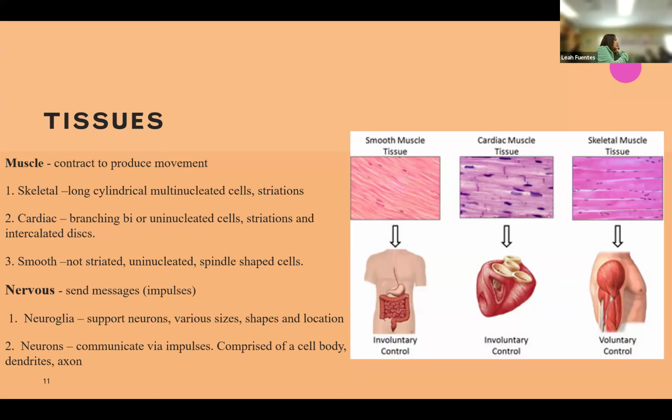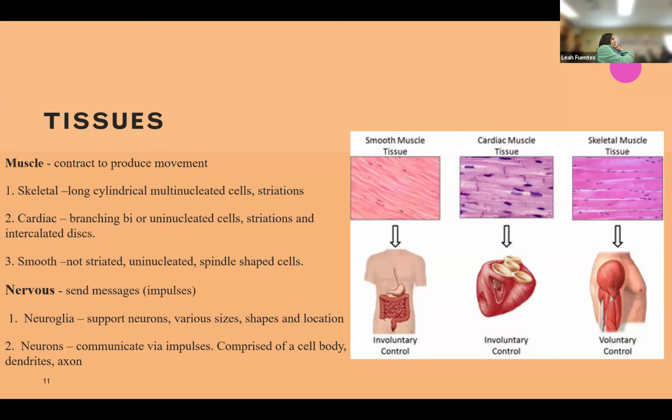Skeletal tissue is this one over here. You can't really see the picture nicely, but the posters in here and also in the lab are really helpful. These have long cylindrical multinucleated cells. And the skeletal muscle tissue has striations, so it kind of has little ribs. If you have a ribbed t-shirt, it looks like that under a microscope.